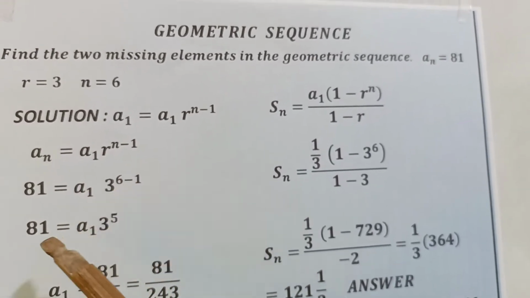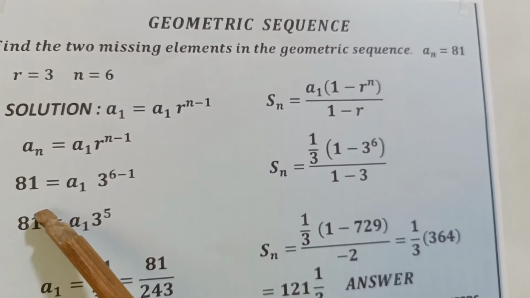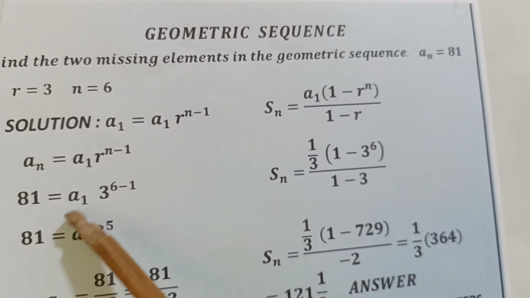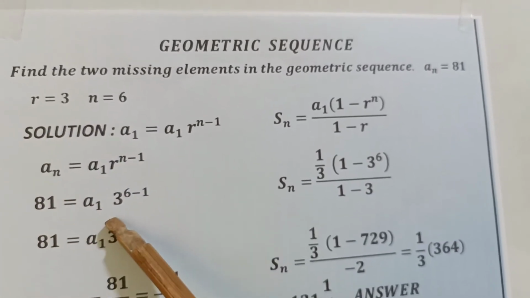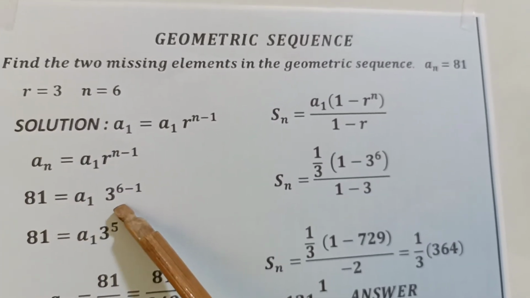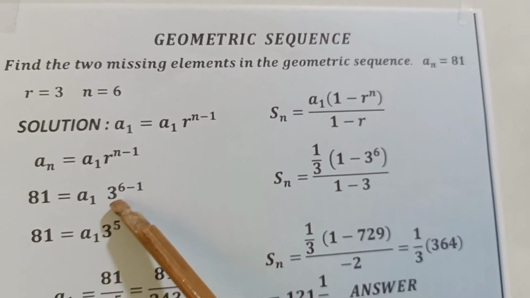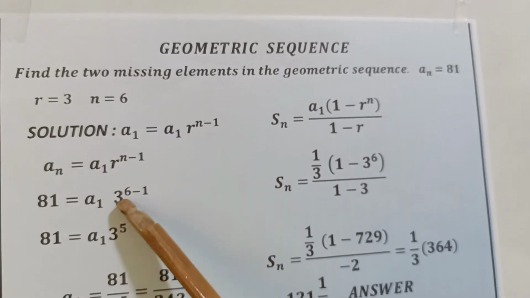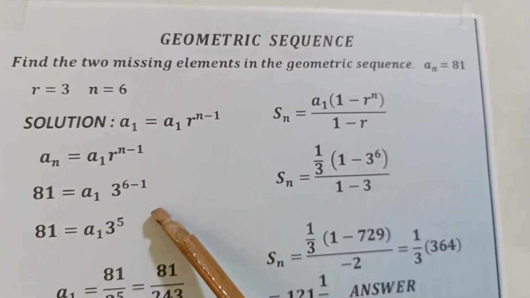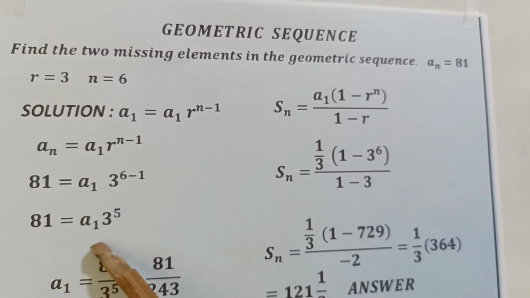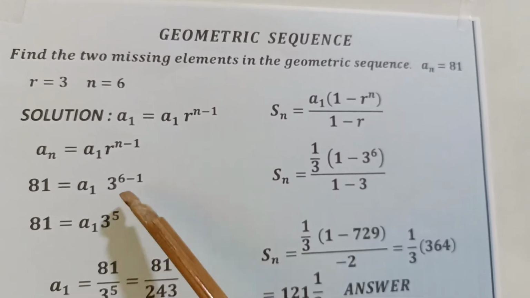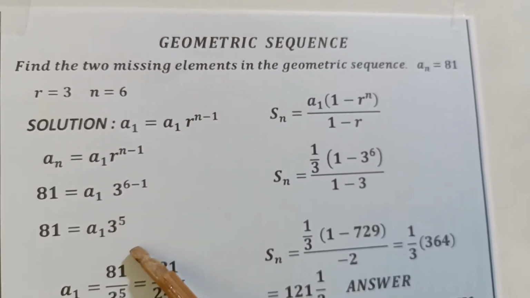So a sub n is equal to a sub 1 times the geometric ratio r raised to n minus 1. a sub n is equal to 81, and that is equal to a sub 1 times the geometric ratio, which is 3, raised to 6, the number of terms, minus 1. After substituting, we get 81 is equal to a sub 1 times 3 raised to 5, since 6 minus 1 is equal to 5.